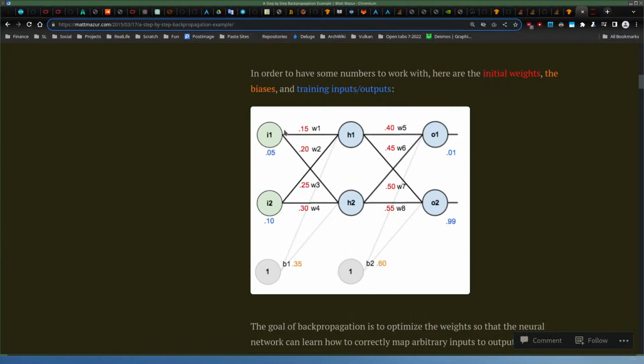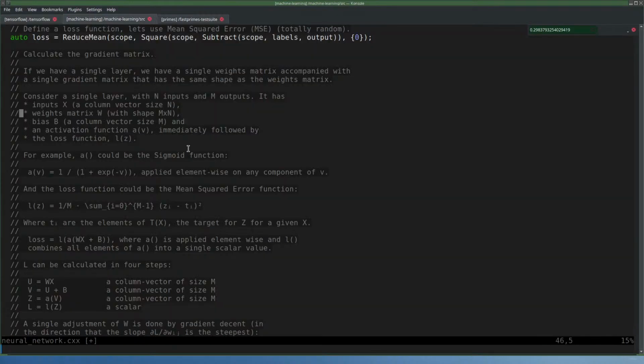Okay, so in this case we have 2 inputs and 2 outputs, or you can count the bias as an input as well. Then we have 3 inputs and 2 outputs. And here I do it abstractly, n and m. Then the inputs are called x, yeah, they call it I, but well, which is a column vector of size n, because you have n inputs, of course.